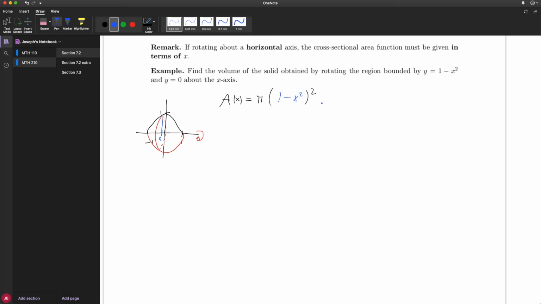And now we simplify this, and this is pi times, and just doing some quick math in our heads here, I think we're going to get that. Okay.